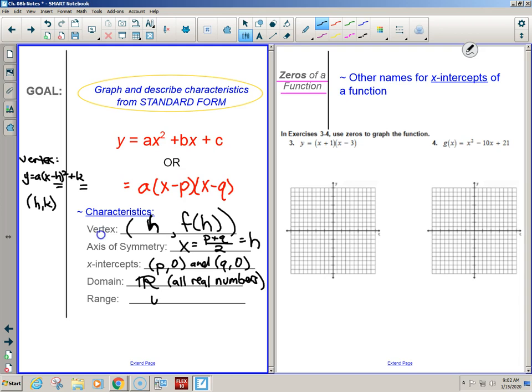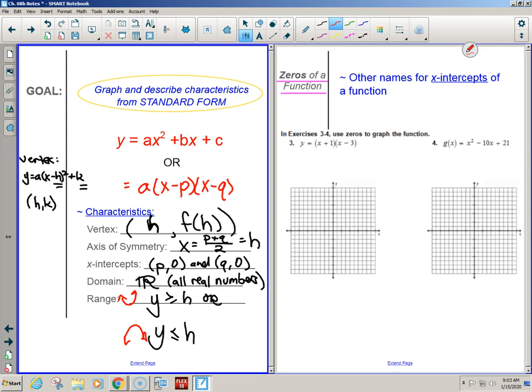Either y is greater than or equal to h, or less than or equal to h, and it's all dependent on the shape. So which way would my parabola be facing, up or down, such that the y's are always greater than the vertex? Good. So if you want, you can do an upwards parabola here. And then which way would y be staying under h? Got it. Okay. Whew. So that's all the characteristics of the graphs, kind of like the beginning of 8.5a and 8.5b.